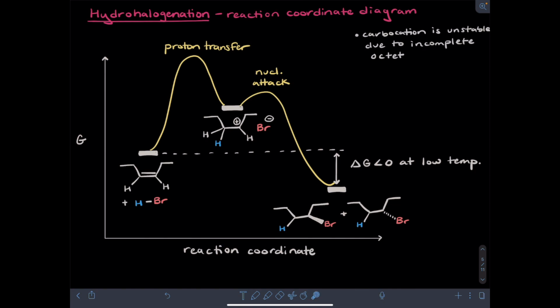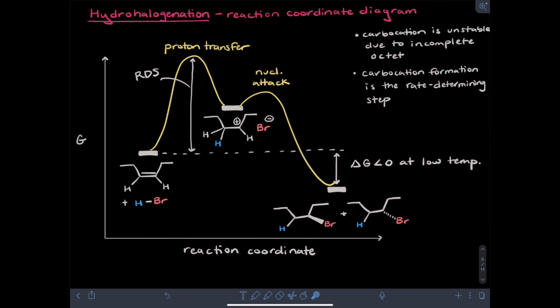I placed the carbocation intermediate higher in energy than the starting material because the carbocation is unstable due to its incomplete octet, and unstable molecules will appear higher on the reaction coordinate diagram. And last, I drew the biggest barrier for the reaction as the first step, going from the neutral starting material to the carbocation intermediate. I would call this highest barrier my rate determining step.